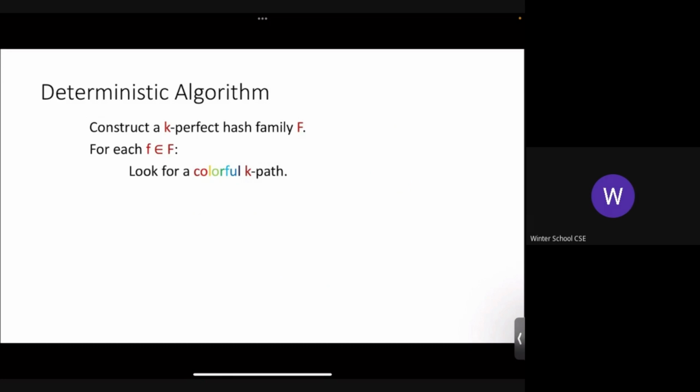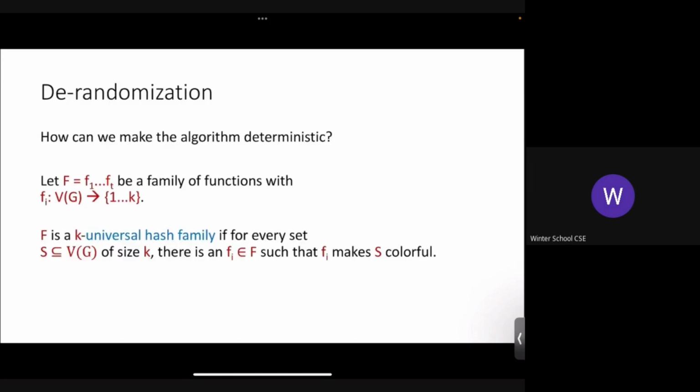So view it this way. What we did for the algorithm was just use a random coloring of vertices.